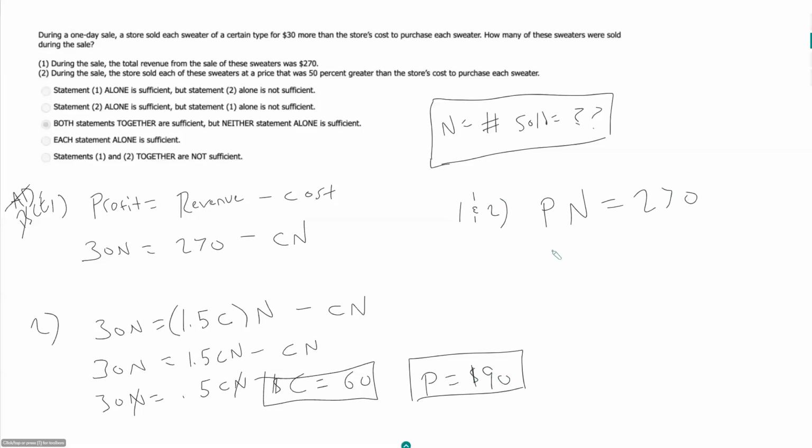And so 90N is equal to 270, and so our N should just be 3. And together they are sufficient. So a very low volume sweater sale.